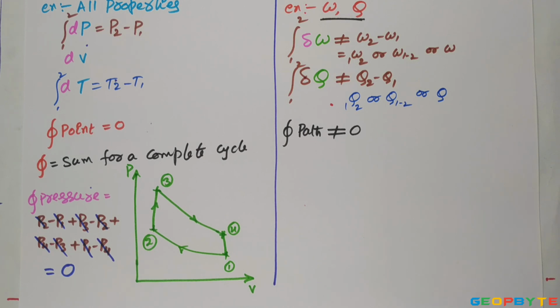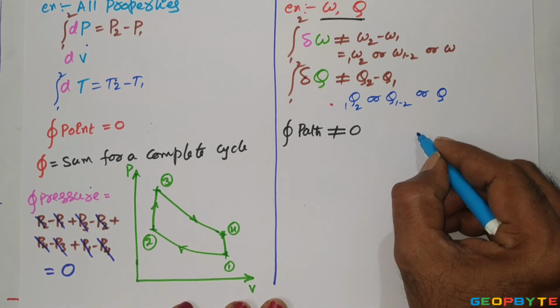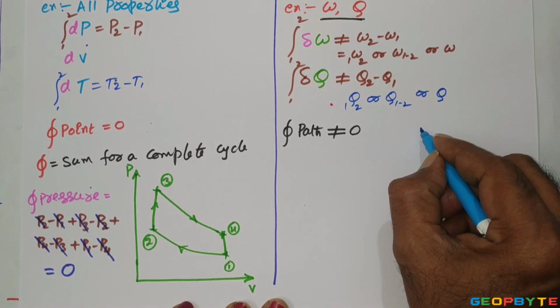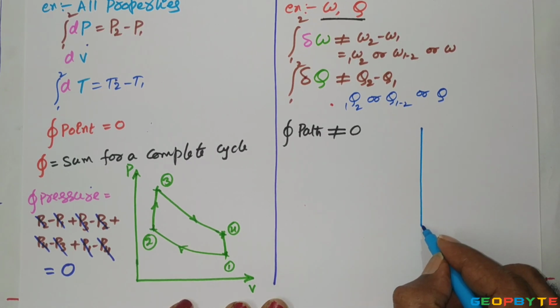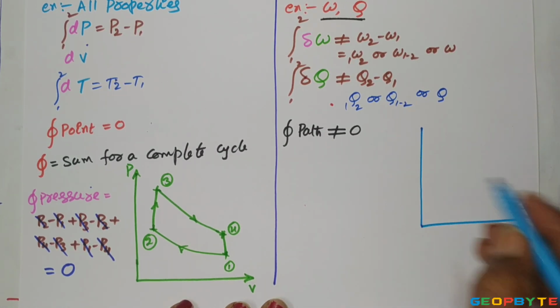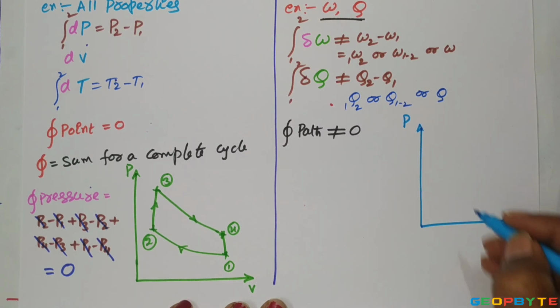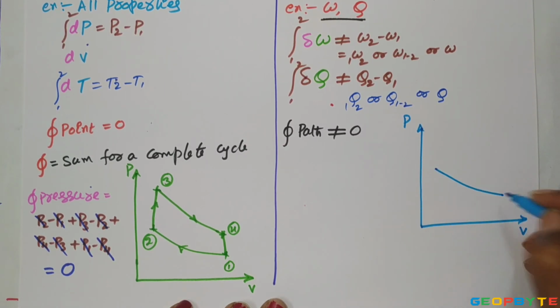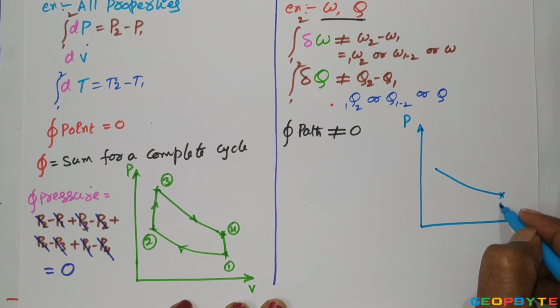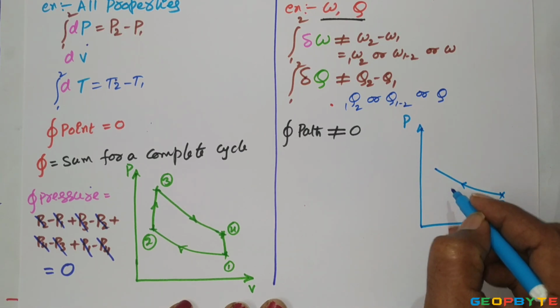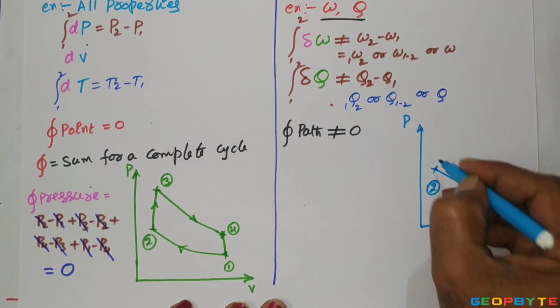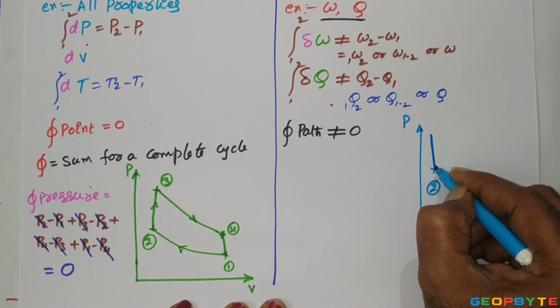Now come to the path function quantity. Path function quantity examples: thermodynamic heat and thermodynamic work. Again, let us construct the PV diagram. Pressure versus volume, a kind of compression, 1 to 2. 2 to 3 is a constant volume process.